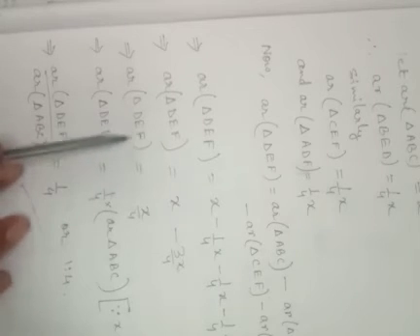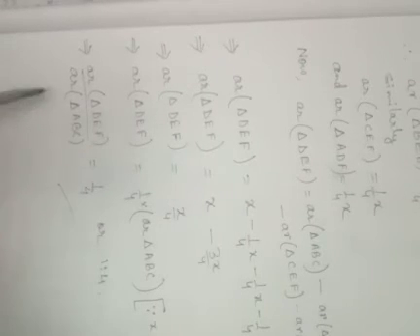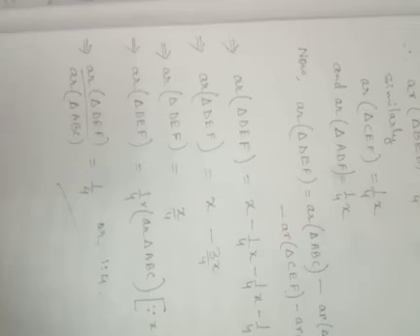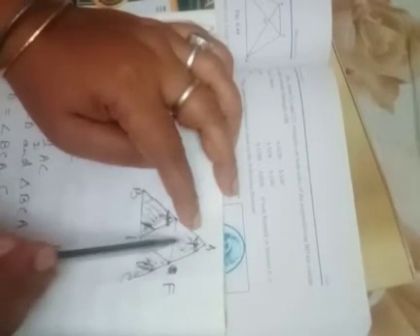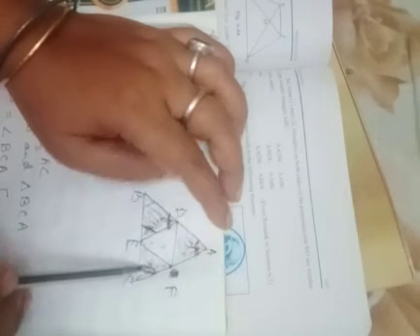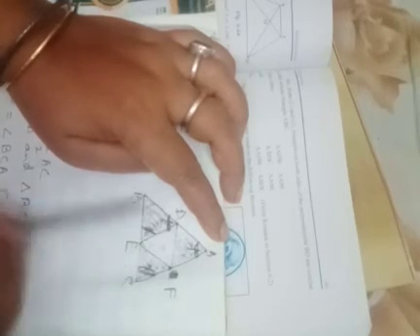So area of the triangle DEF is also 1 by 4th of the whole triangle ABC. So ratio of the area of the triangle DEF and area of the triangle ABC is equal to 1:4. So all the small triangles, you can see in between the whole triangle ABC, there are 4 small triangles, and the area of all the 4 small triangles is 1 by 4th of the whole area of the triangle ABC.